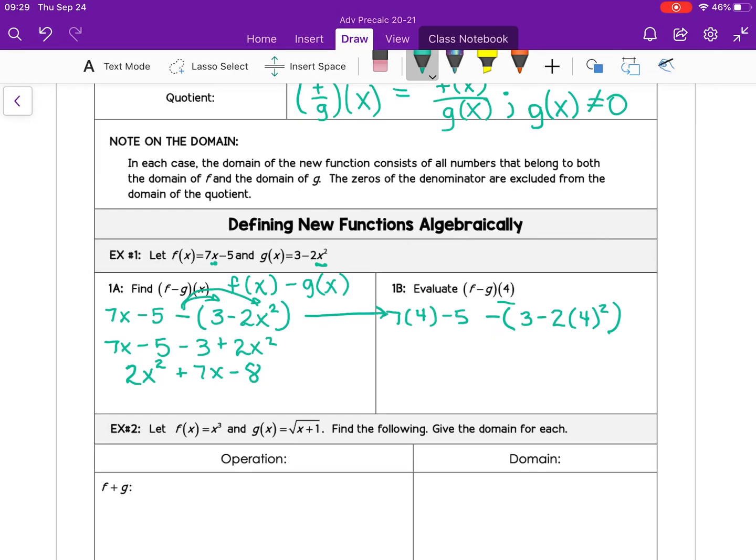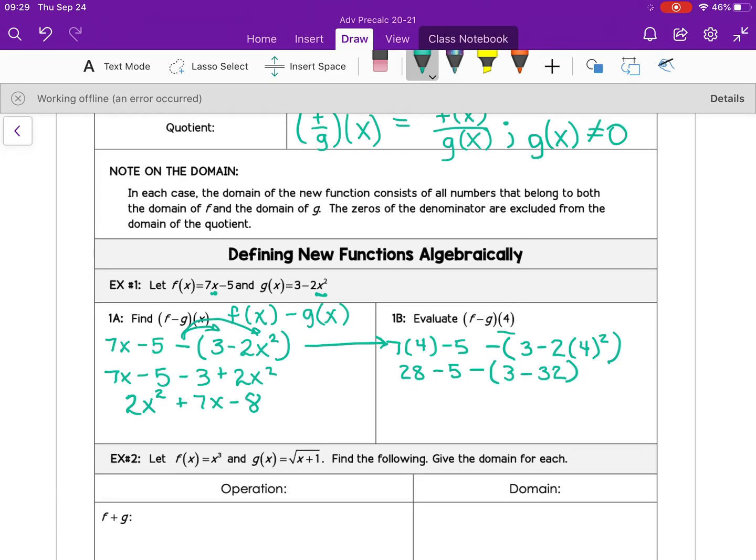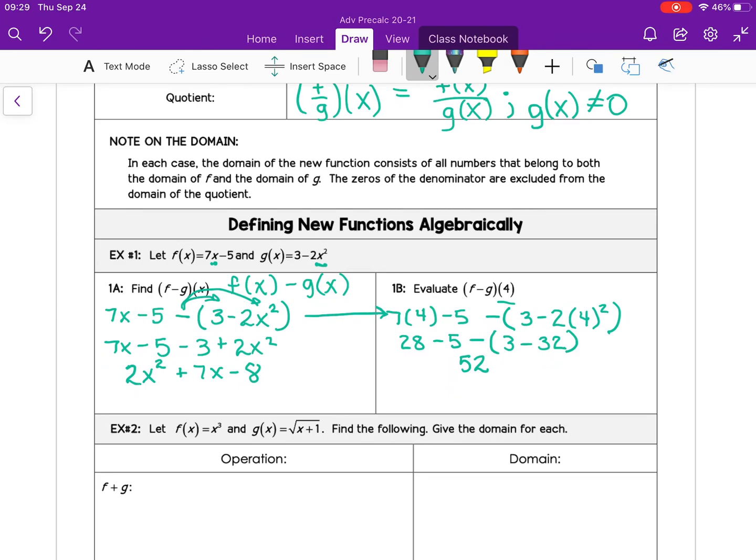I simplify. So 7 times 4 is 28. Minus 5. Minus, I'm going to work inside the parentheses first. So 3 minus 4 squared is 16 times 2 is 32. Simplify that to get 52.